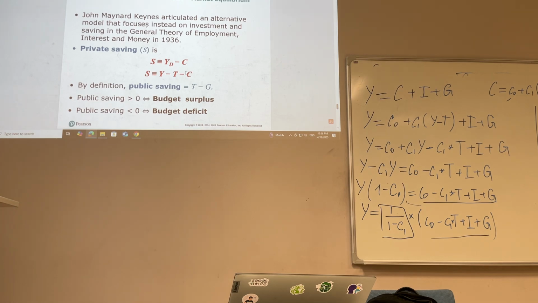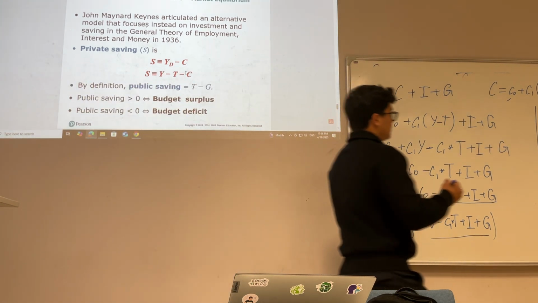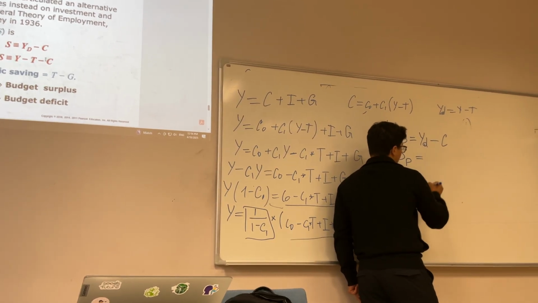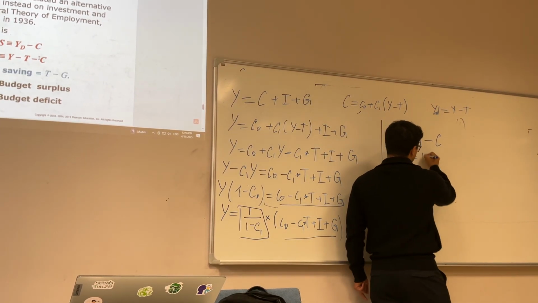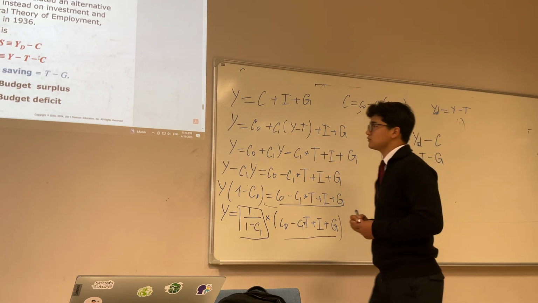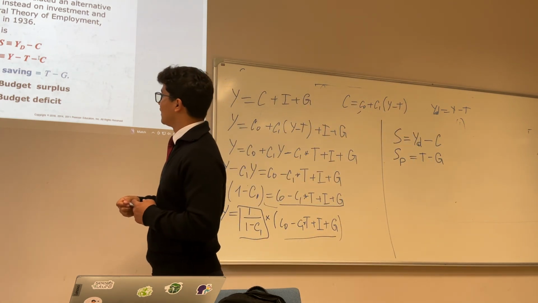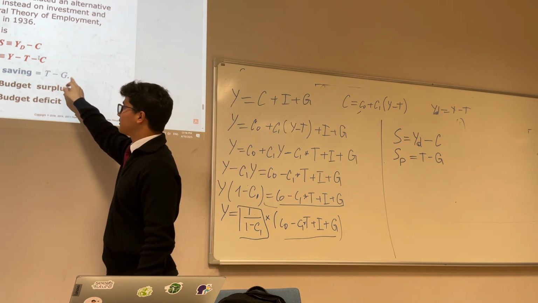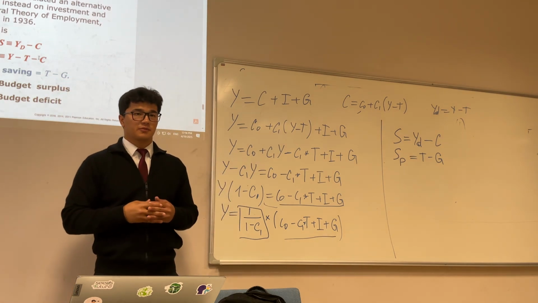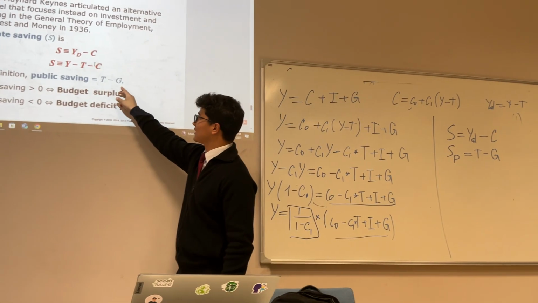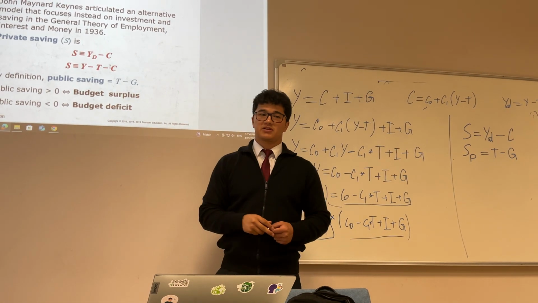And also public savings. Public savings, I will write here SP, means taxes minus government spending. Also, they're saying that when our taxes are greater than our government spending, we have a budget surplus, and when our taxes are less than government spending, we have a budget deficit.